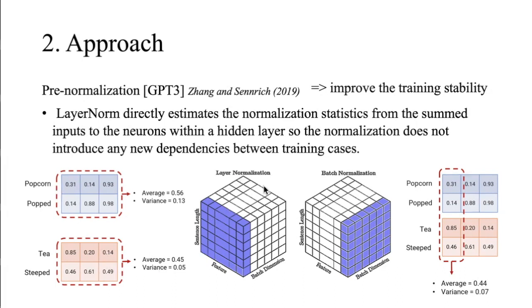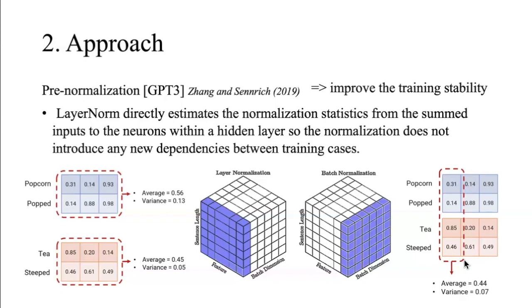That's layer normalization. For batch normalization, you normalize against each feature dimension, look across all the tokens within that batch, and calculate the average and variance to normalize this feature.